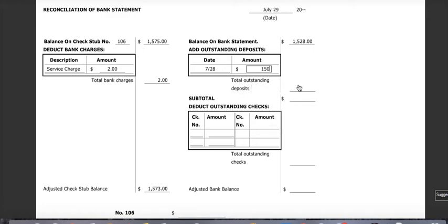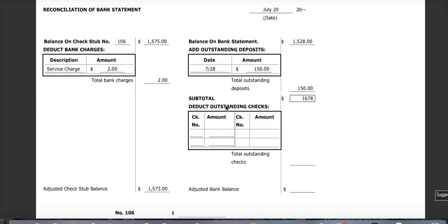Total outstanding deposits, there's only one, so we know that it's just $150. If there were several, you would just add them up and put that total right here, so it's 150 this time. For a subtotal, since you're adding an outstanding deposit, you're going to add that number to it. So 1528 plus 150, 1678.